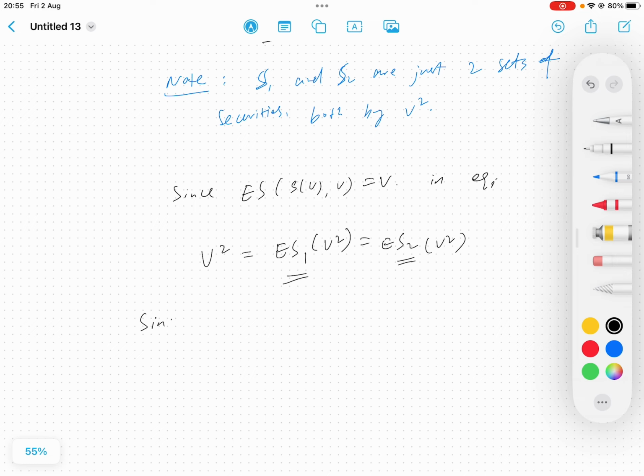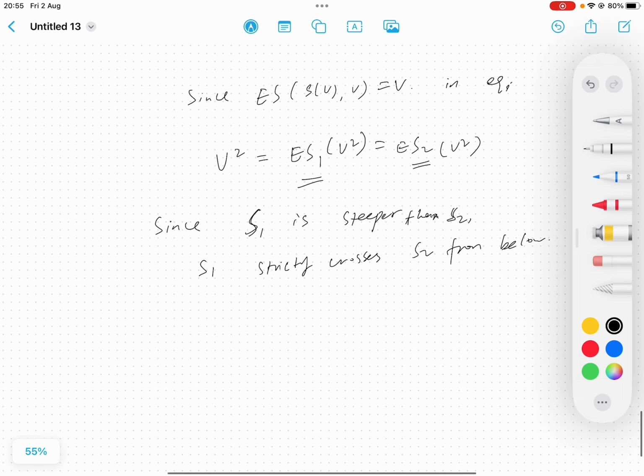And again, since S1 is steeper, all the elements in S1 strictly cross S2 from below, right?